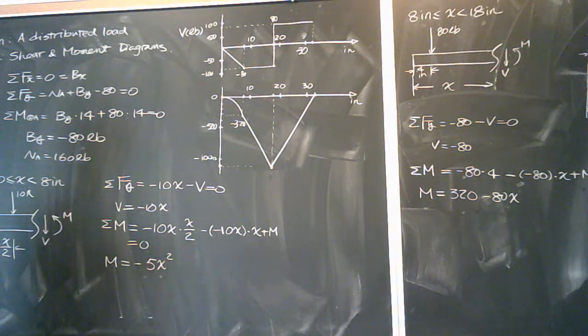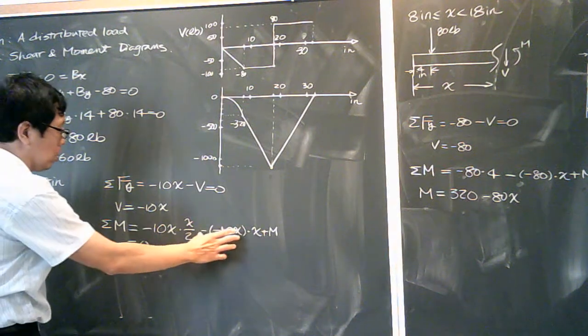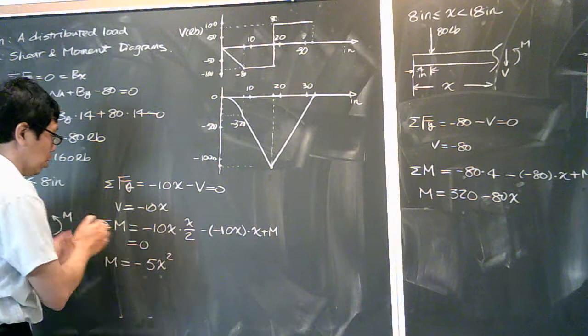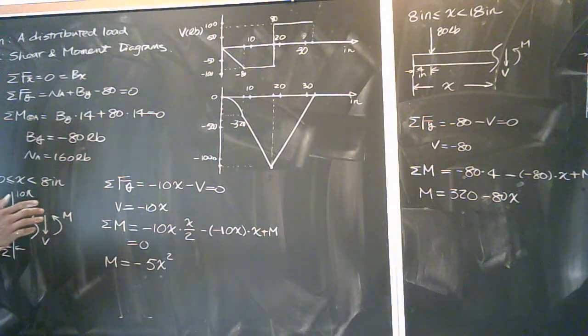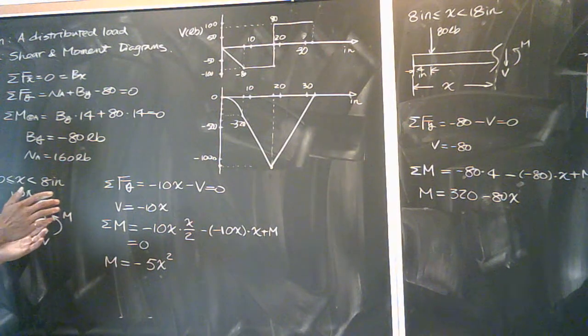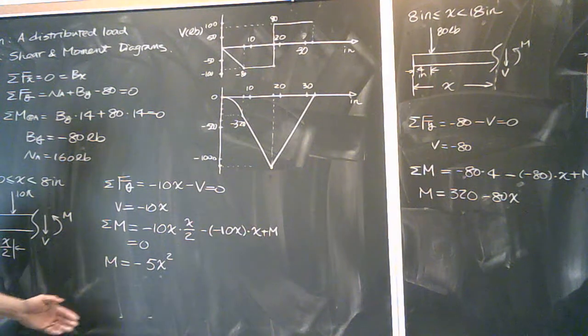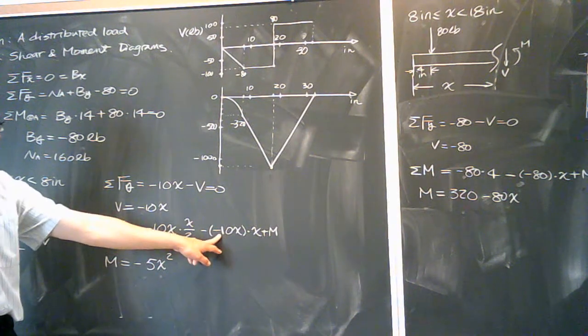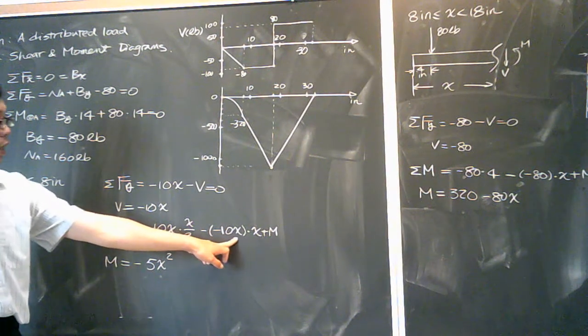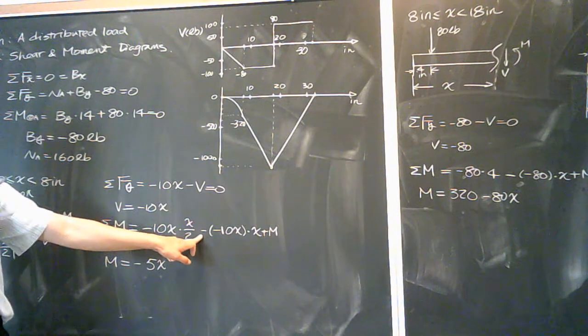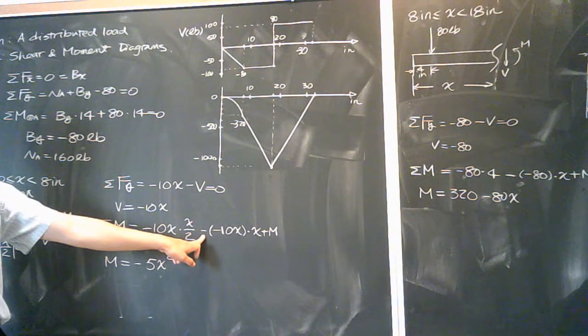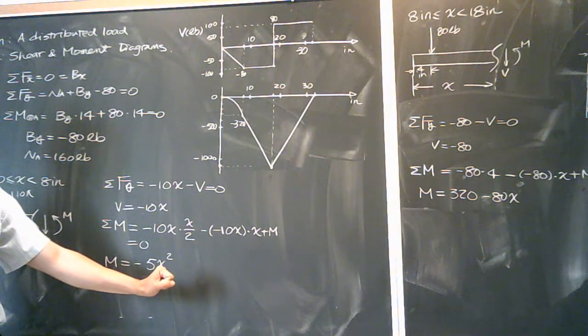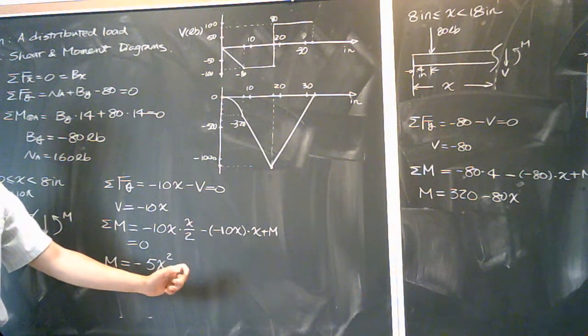So be sure to include this part in your moment equation and determine whether it's clockwise or counterclockwise accordingly. In most cases, if you put a positive or negative sign in your V, it's always clockwise, which means it's always a negative sign in front of it. Does that make sense to everybody?